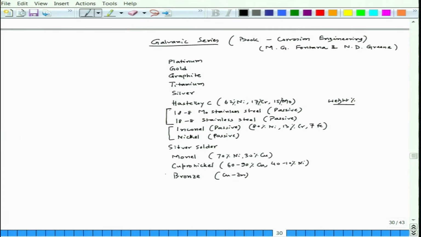Then we have Hastelloy. So, now they have actually clubbed these 3 alloys.